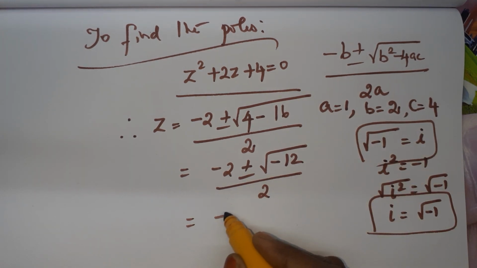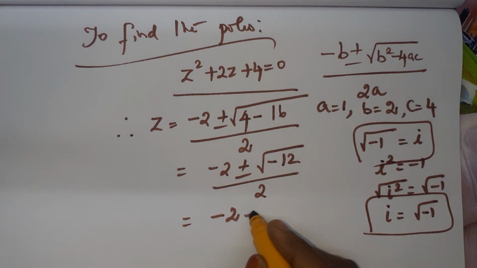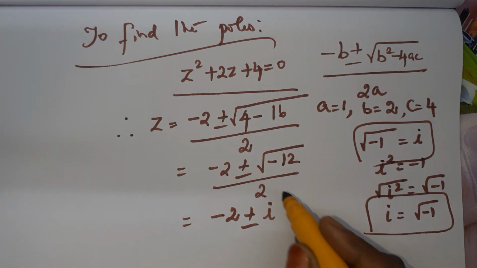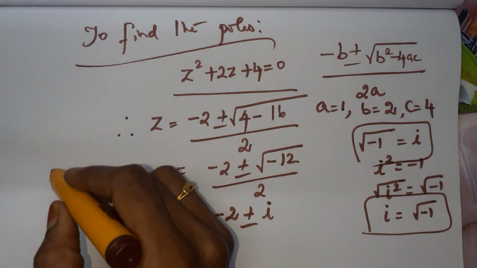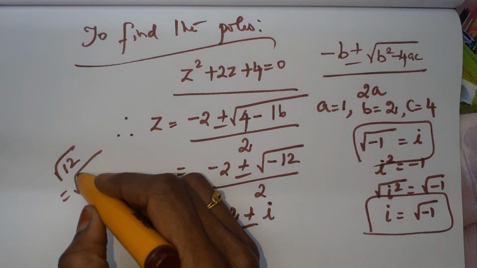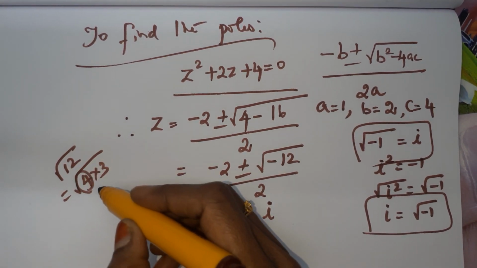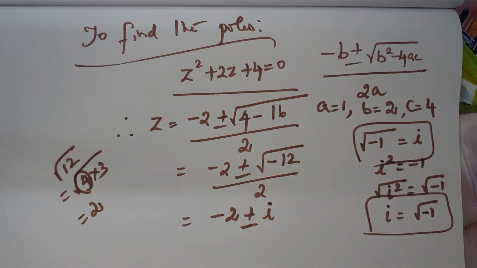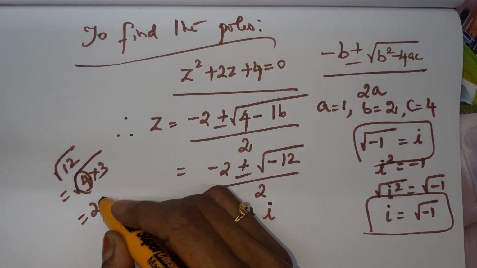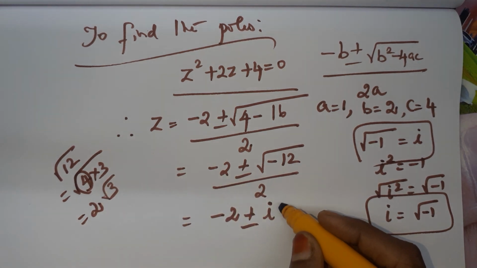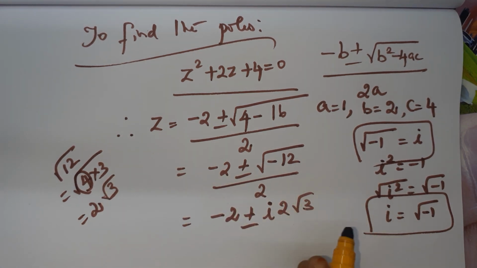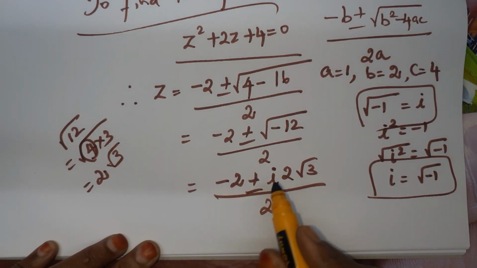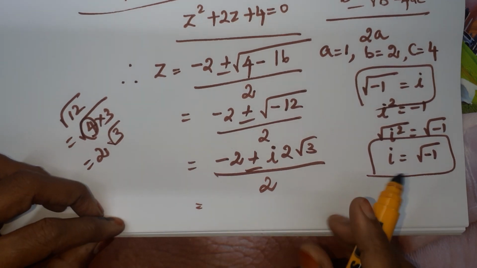So for this minus 2 plus or minus, for this negative sign inside the root we can take one i, and root of 12 can be written as root of 4 into 3. For this 4 we can take 2 outside. Inside the root it is 4, when it comes outside it is 2. So 2 into root 3, by 2. Both the terms are having 2 common, so I can take the 2 outside.